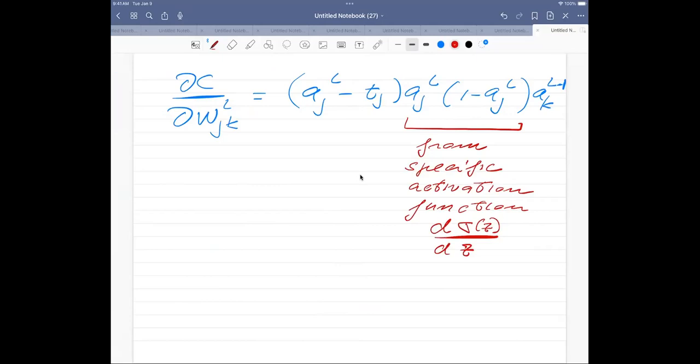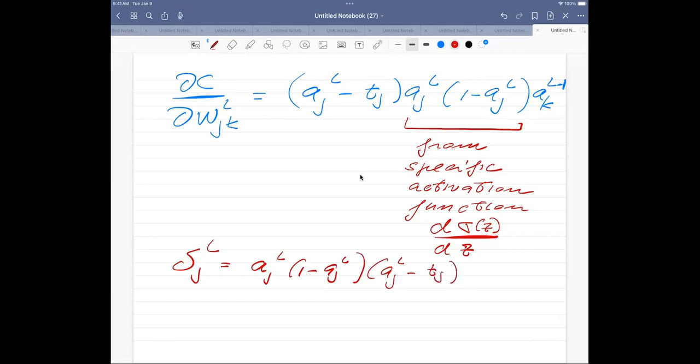So this is an expression we need, and it's common in the literature to actually define a new quantity. So what we have then is a quantity which we define as a_j^L. And this is given in this specific case as a_j^L times (1 - a_j^L) multiplied with (a_j^L - t_j).